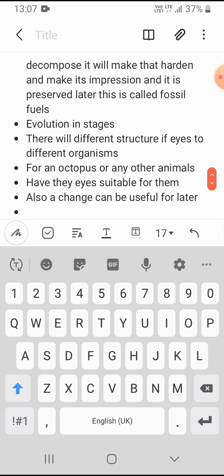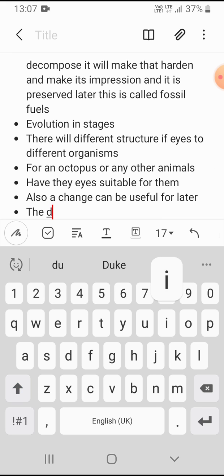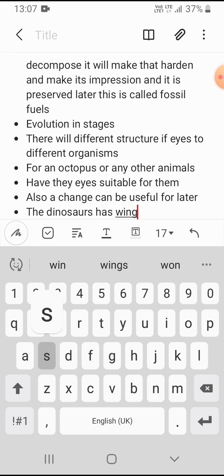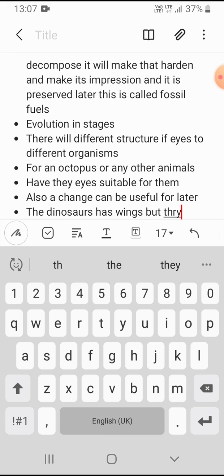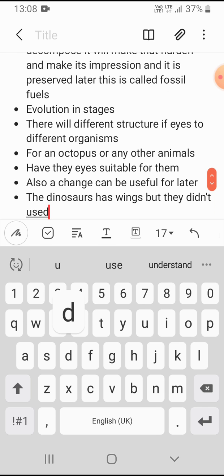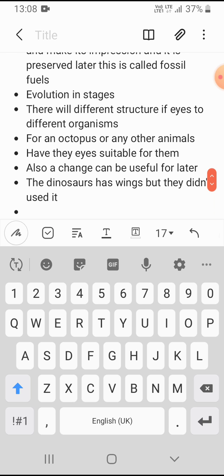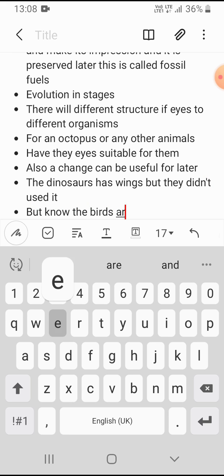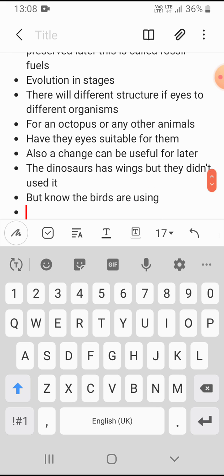For example, dinosaurs had wings, but they did not use them easily. But now the birds are using those wings and flying.